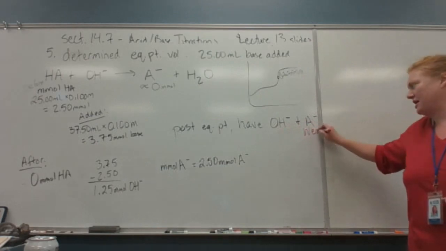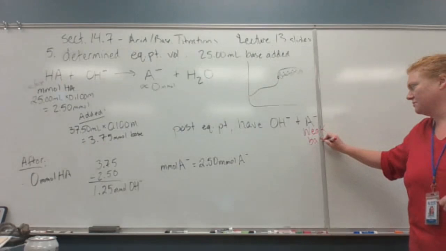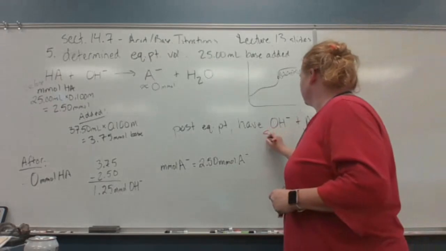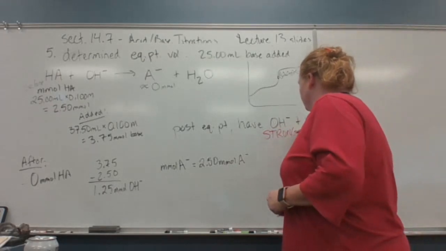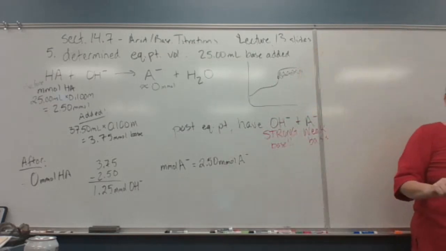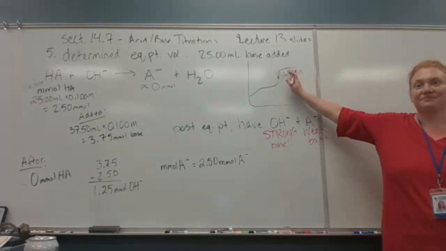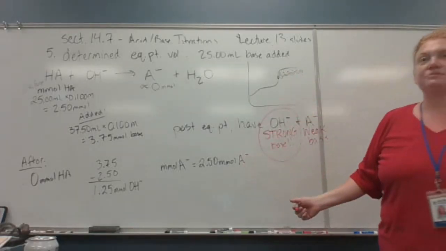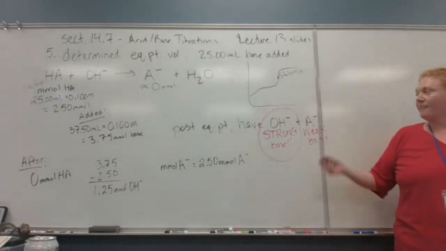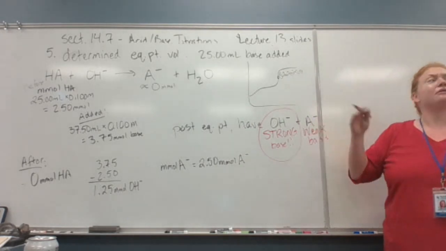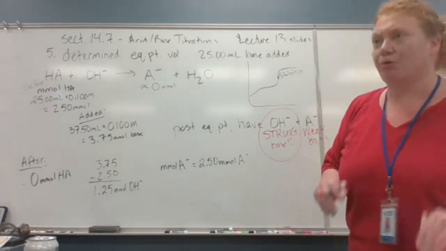A minus is a weak base, isn't it? What is OH minus? Strong base. So guess which ion is determining the pH at this point. I only care what the concentration of the OH minus is, post-equivalence point. We can ignore any contribution A minus might make to the pH at this point.